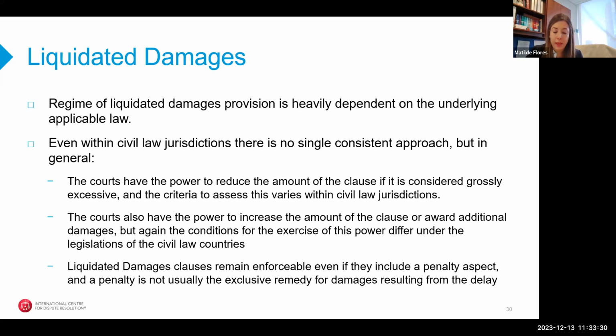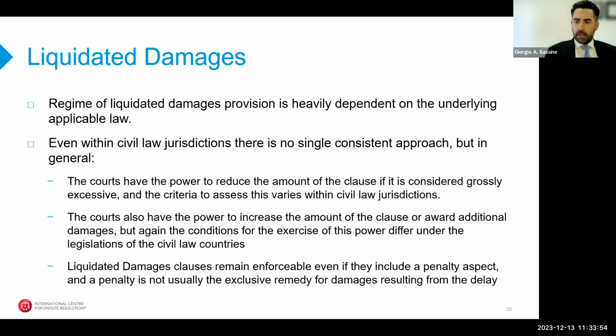And also, because liquidated damages amounts may sometimes include an extra compensatory element or may be considered to be a penalty, civil law courts do not typically evaluate the intent behind this. And in general, under the civil law, liquidated damages clauses remain enforceable even if they include this penalty aspect.